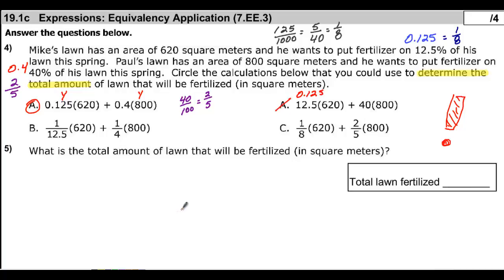As soon as part of it's wrong, it's all wrong. 1 over 12.5, that's not correct. It has to be 1 over 8. So that's wrong. 1/8 times 620, that's correct. 2/5 times 800, that's correct. We're good to go on that one. And our correct answers are A and C.